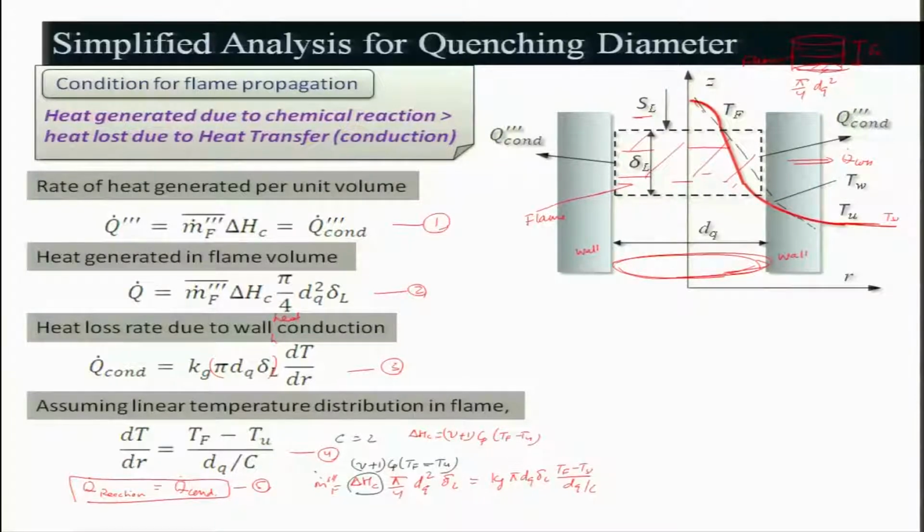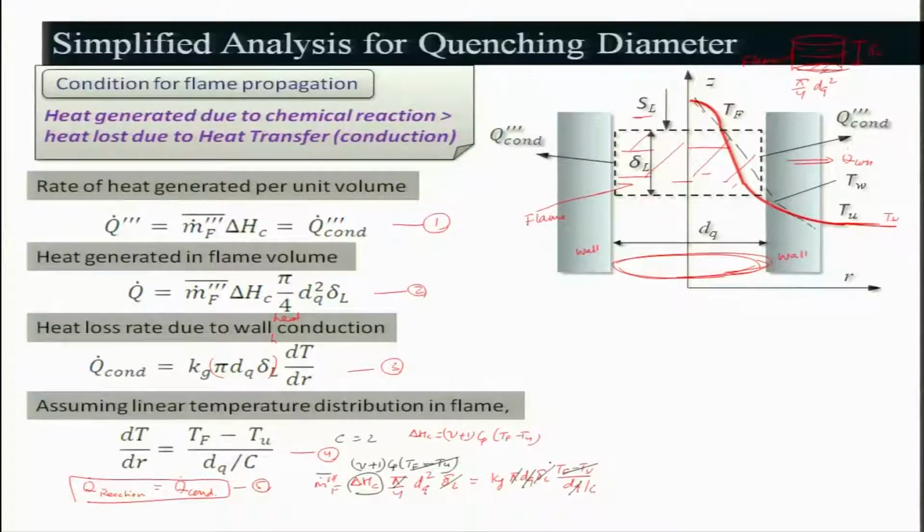This is of course an average, right. So, this pi will cancel out, this dq will cancel out, this Tf minus Tu will cancel out, and this delta L also will cancel out, right. Is it so? Delta L will also cancel out.